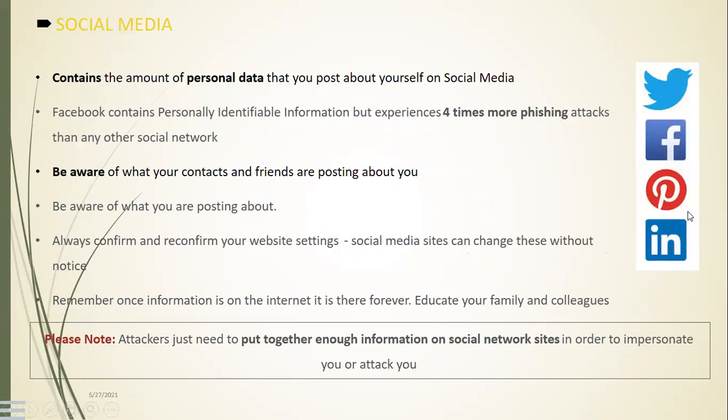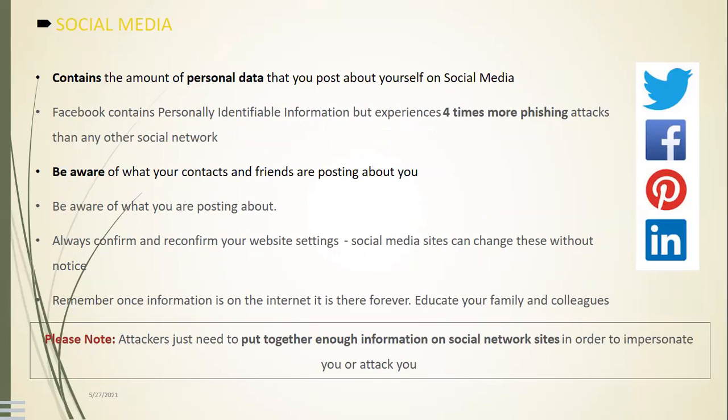So social media, this is the first point of recon that we start with in social engineering attacks. Basically, social media contains a lot of personal data. You post on Twitter, Facebook, Instagram, LinkedIn, anywhere on the internet, someone is going to find your information. You are not hidden. Anything can be found.